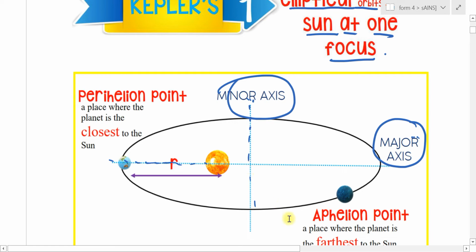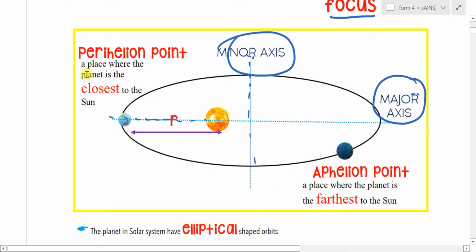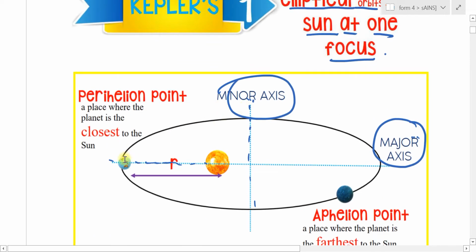Every planet. So dalam elliptical shape ni kita ada dua point. First one is the perihelion point, and the second one is the aphelion point. Perihelion point maksudnya a place where the planet is closest to the sun.